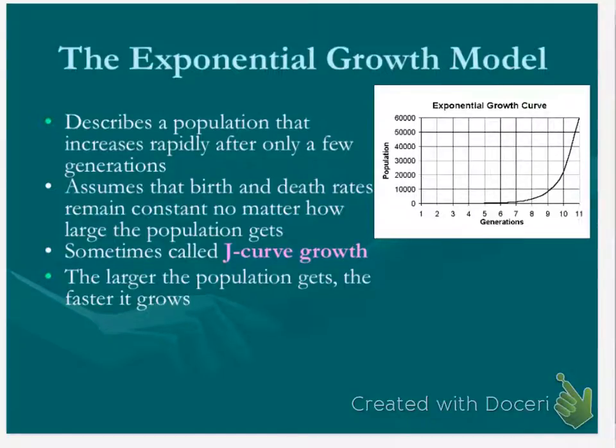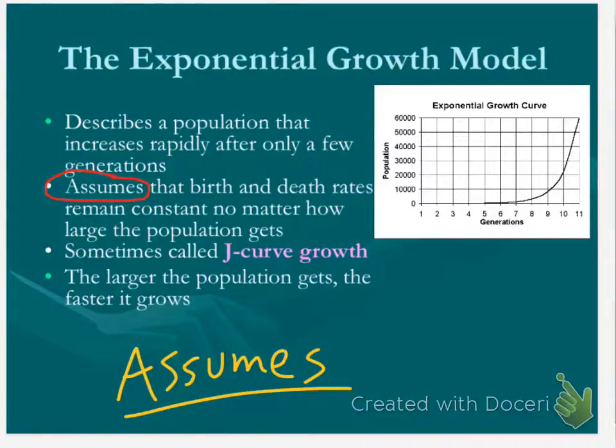So here's the thing. We're going to talk about two different models for growth. And in each of the models that we talk about, look for the word assumes. There is an assumption that underlies each model of growth. And for this exponential growth model, the assumption is that birth and death rates don't change.